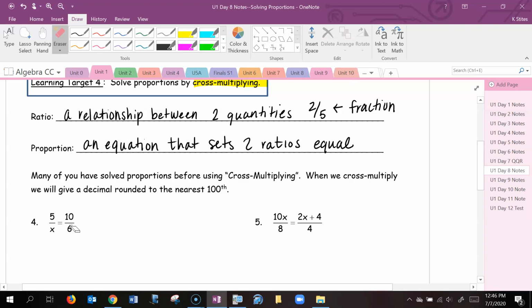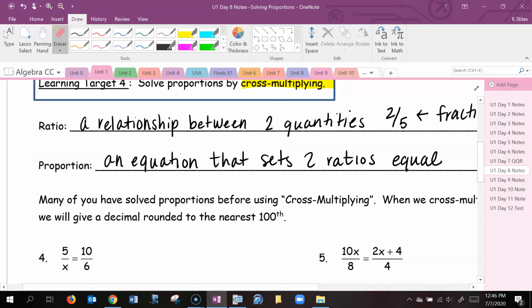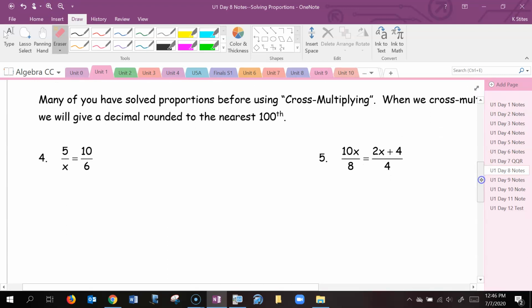And the way we're going to solve proportions is using something called cross multiplying. And we're going to continue with what we've been doing the rest of this unit and round to the nearest hundredth. Okay, so this is how this works. You're going to start with whatever cross you want. It doesn't matter. I usually do upper left to lower right. And you are multiplying. 5 times 6 is 30.